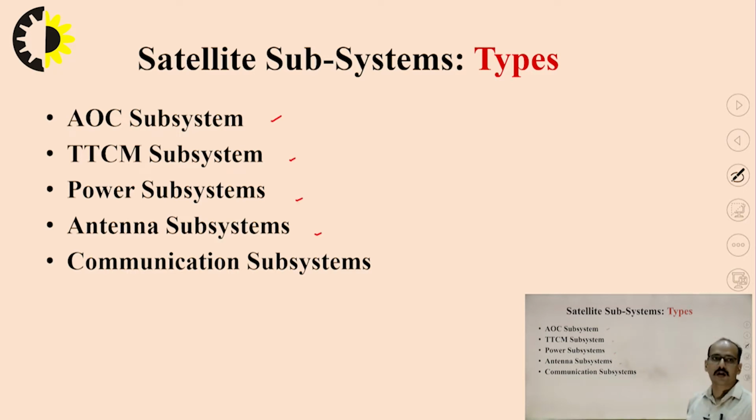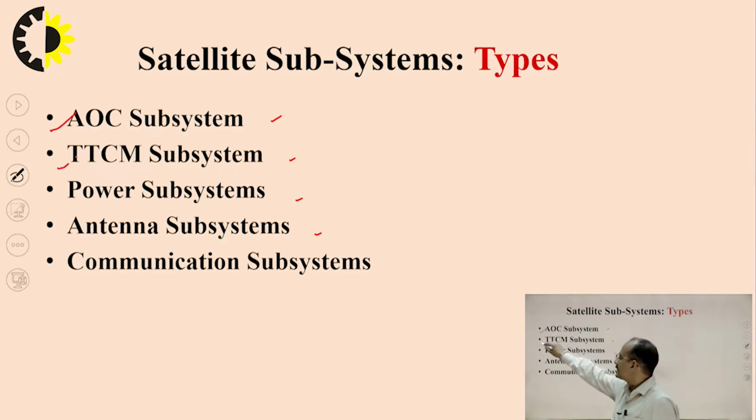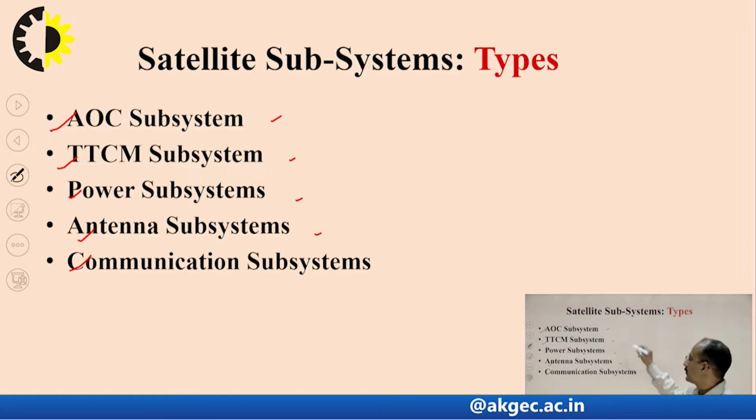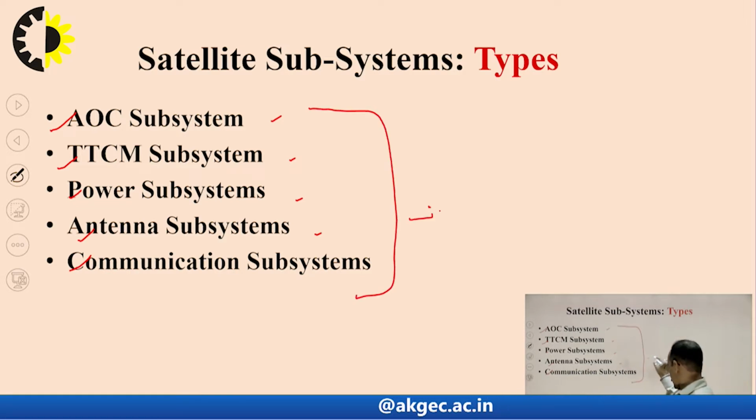First one is the attitude and orbit control system, then TTC&M, the telemetry, tracking, command and monitoring subsystem, then the power subsystem, then antennas that are used by the individual satellite, and the communication subsystem, which is responsible for all communication between the earth station and the satellite. So, these all subsystems combinedly make a satellite.